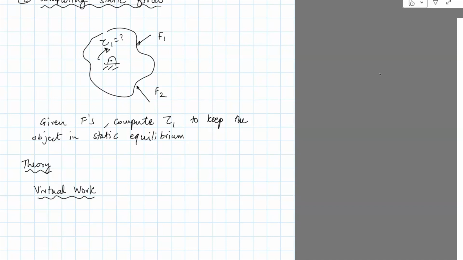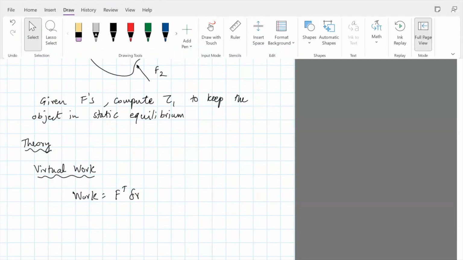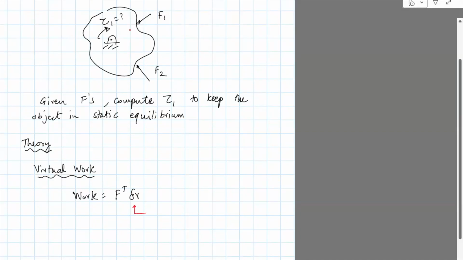What you do here is you assume that because of forces F, the object, or the center of mass, is displaced by a distance dr. So virtual work is force times dr. Here dr is the virtual displacement. It's not real, it's fictitious.